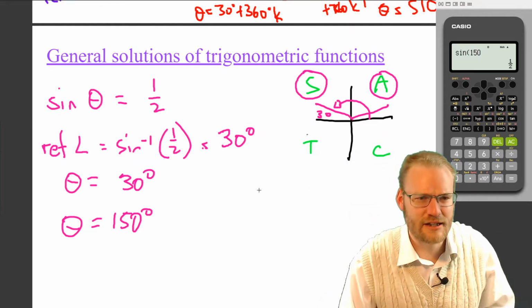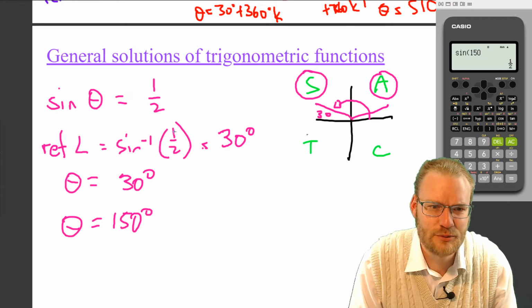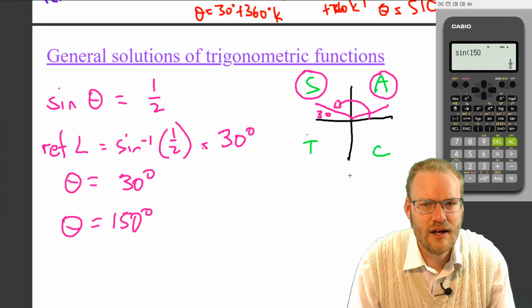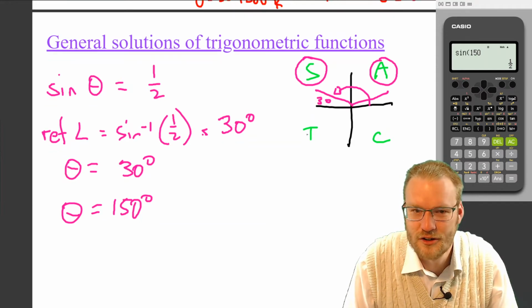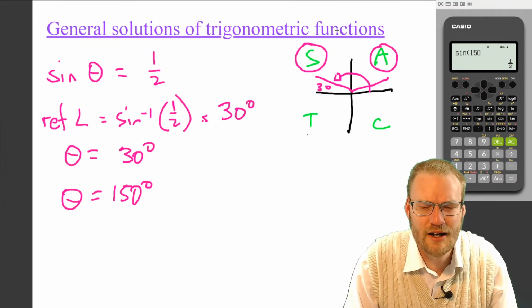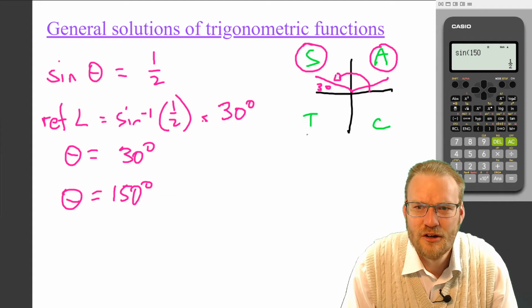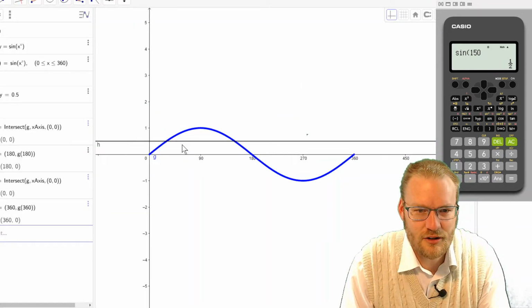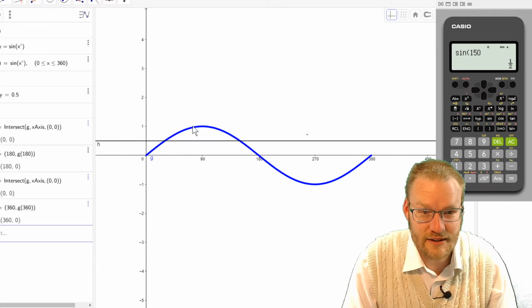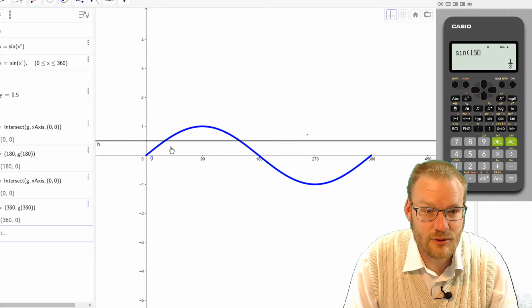But now we're going to take that further, because that's only if theta is between 0 and 360. I want to tell you today that there are infinitely many solutions to this problem. And our infinitely many solutions look like this. So here's our graph that we used to. There's sine theta, that nice squiggle.